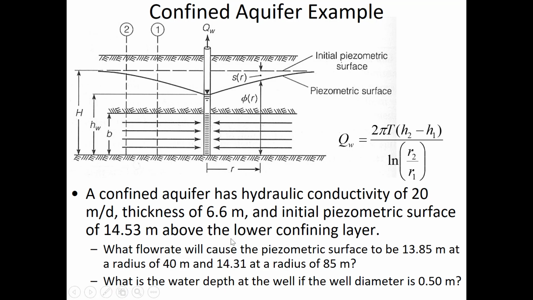So we could choose either the spot where it is 40 meters away, or we could use the spot where it's 85 meters away. Either one is going to ultimately, if we use the corresponding R value and H2 value, we're going to be able to solve for H1. So H1 is the unknown. Let me pause for a moment, give you some time to calculate that.